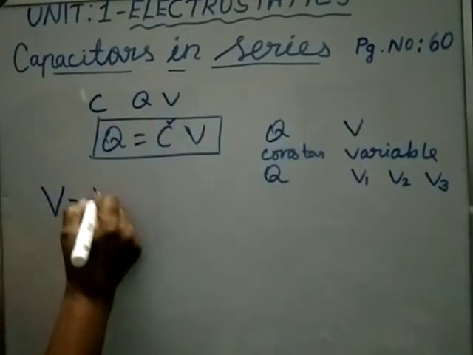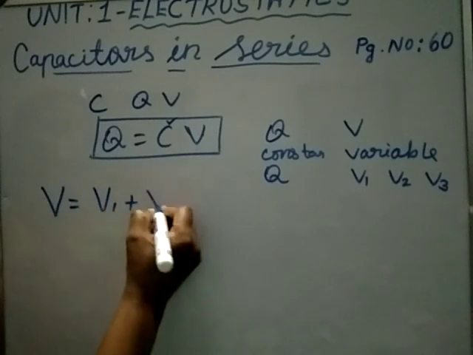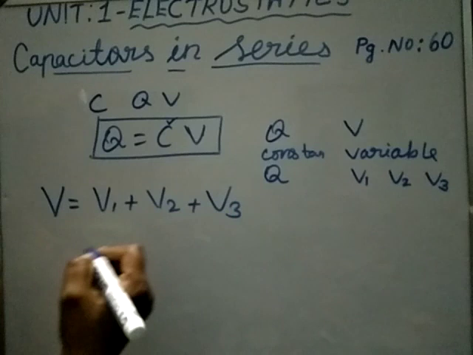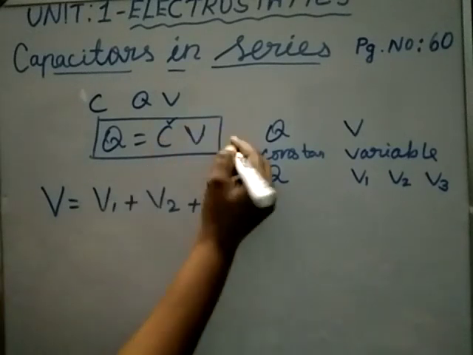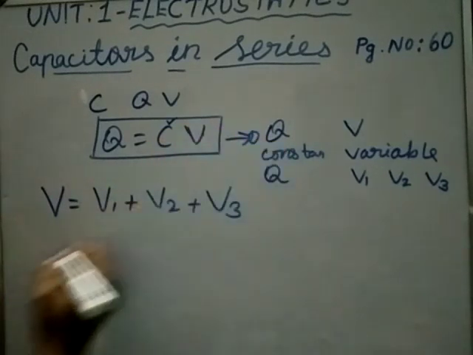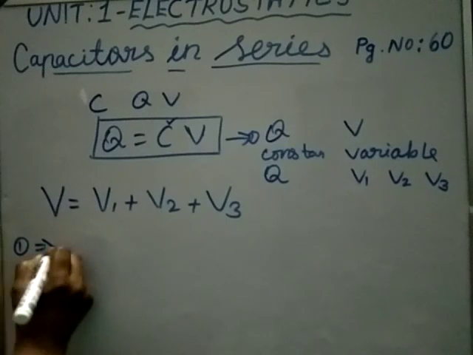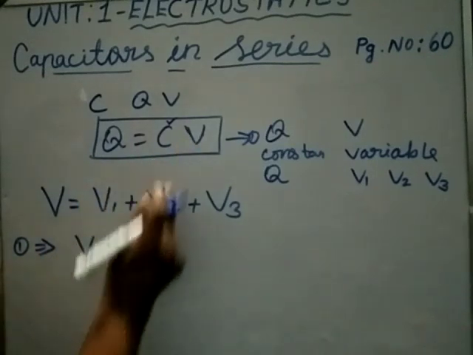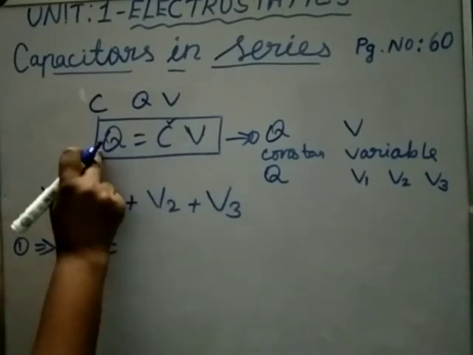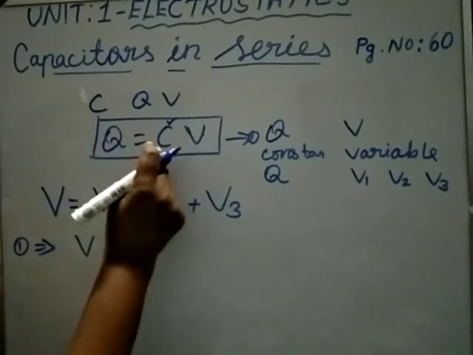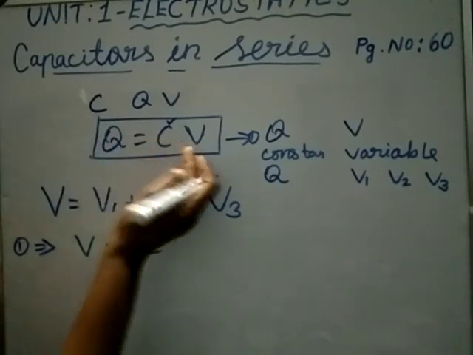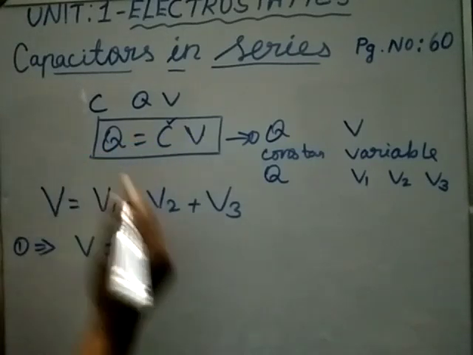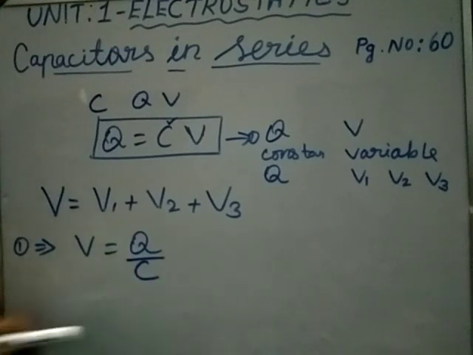Now take the variable term V. V equal to V1 plus V2 plus V3. This is equation number 1. Now take the value of V from equation number 1. So what's the value of V? V equal to Q by C, because when C comes to this side, the multiplication converts it to the denominator.